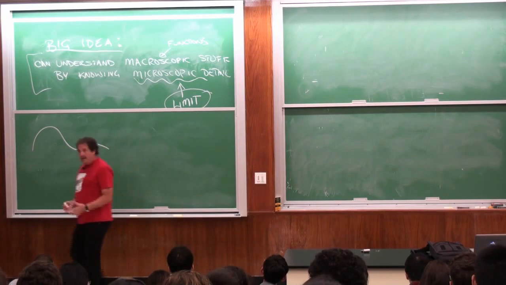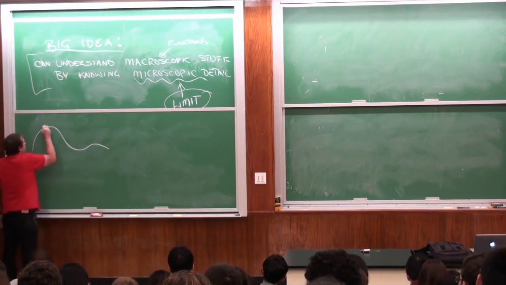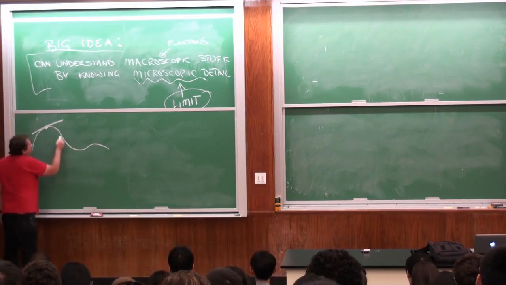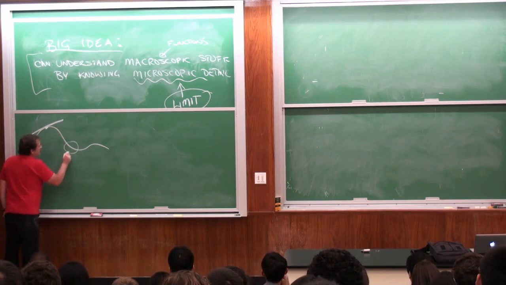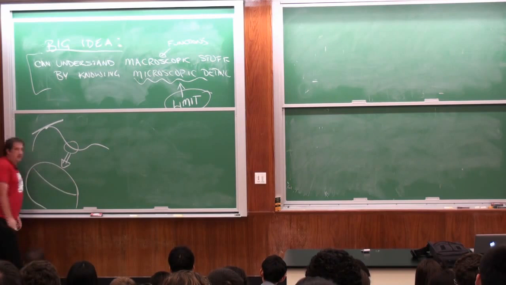One of the things that you studied in your first semester is the notion of the derivative. The microscopic thing that we're looking at: we take our function, and we blow it up. And there, it looks pretty straight.